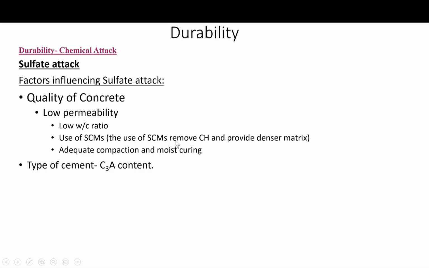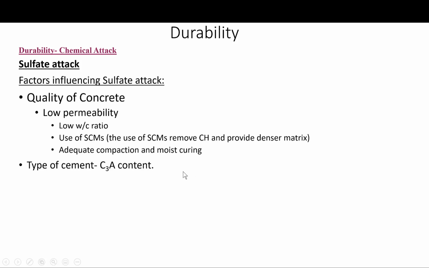The use of SCMs removes the calcium hydroxide and makes less available for the formation of ettringite or gypsum, and also makes the cement paste matrix denser and less permeable, okay? Also, low permeability is impacted, as we have seen, by adequate compaction and consolidation and by moist curing.